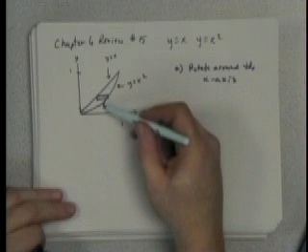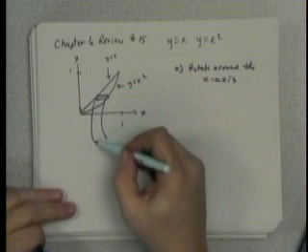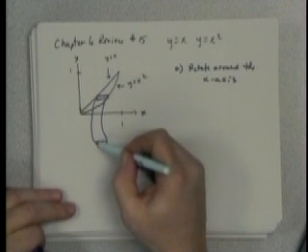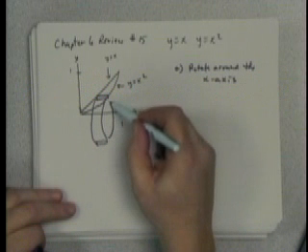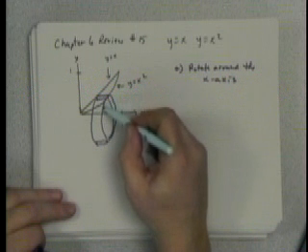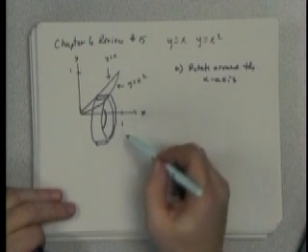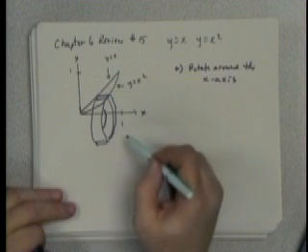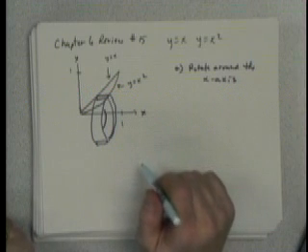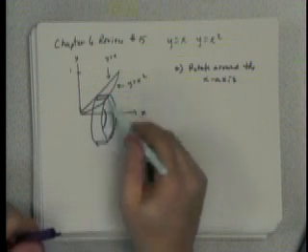And then we're going to spin that around. So again, you can think of it as a napkin ring or something like that. It's kind of the way this one little slice looks.